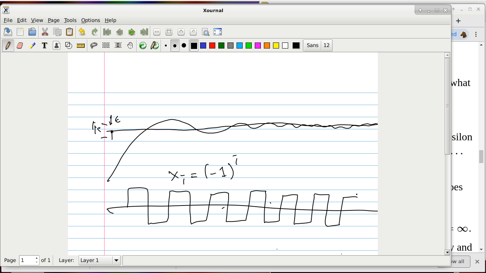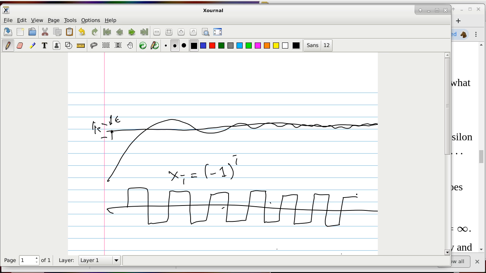Where is the first number in the entire series where the value of x is within that margin, and everything after that is also going to be within that margin? There's no place. So as a result, this thing does not converge. Some functions converge, and some functions, like this one, do not converge.